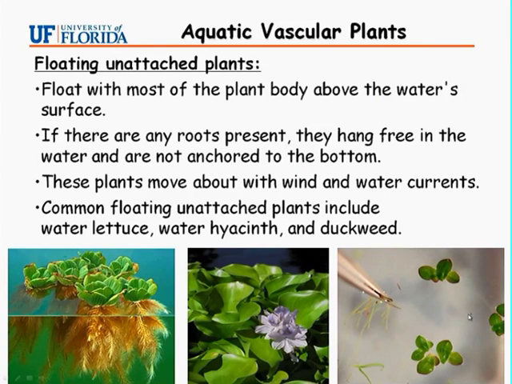And so now let's look at some of the floating, unattached representatives. They float with the majority of the plant above the surface of the water, but if there are any roots, they hang free into the water; they're not anchored to a substrate. They can move about freely with wind and water currents. Examples on the left are water lettuce, and water hyacinth is shown in the middle.